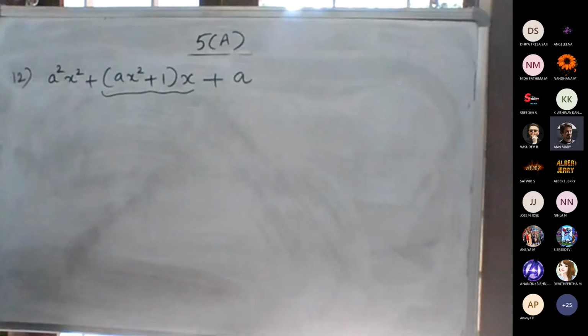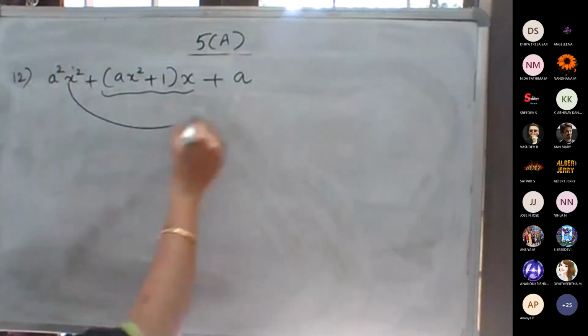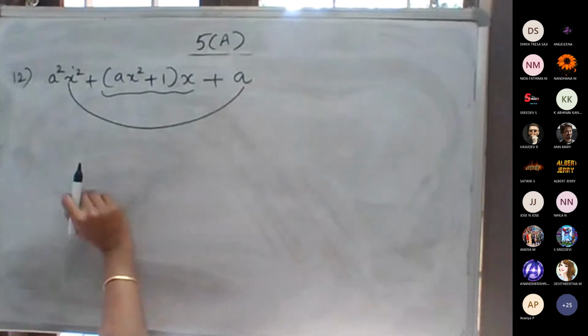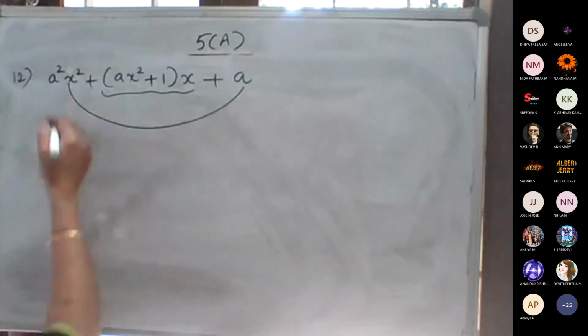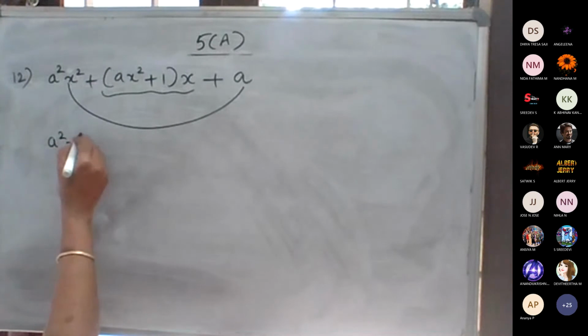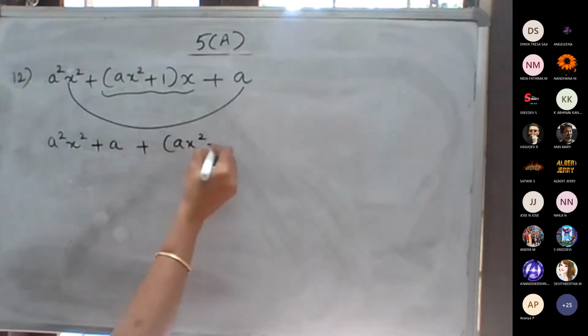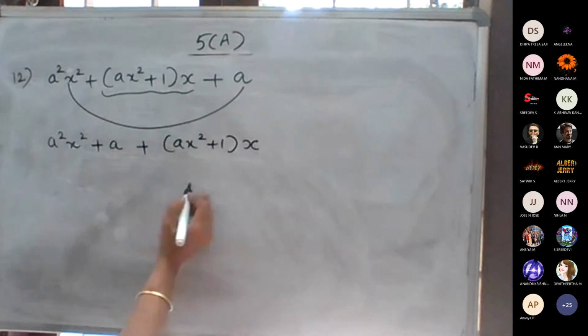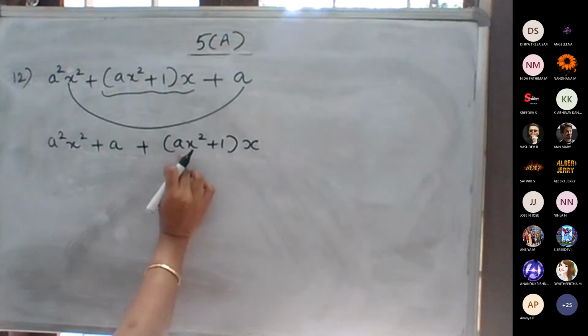So automatically we can think of whether they can become friends or not. If not possible, we will change the bracket. Just think of whether they can. Within brackets we have a x square plus 1.